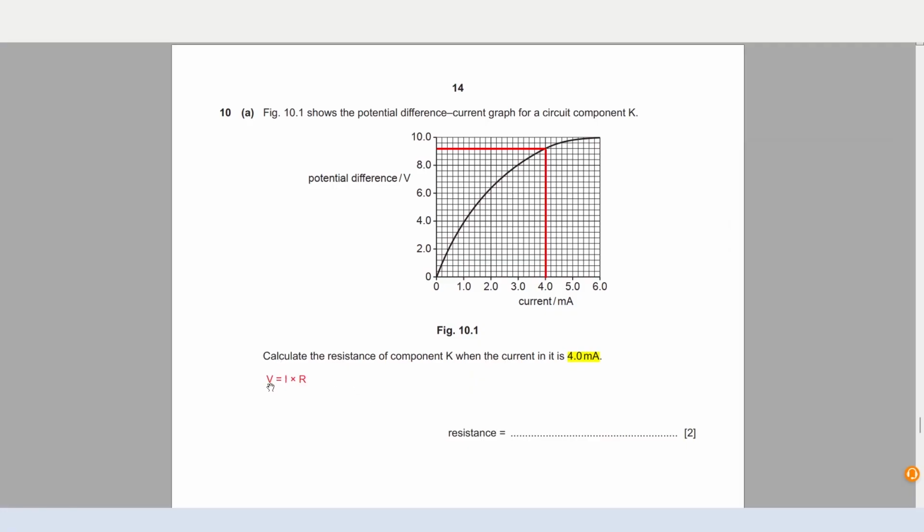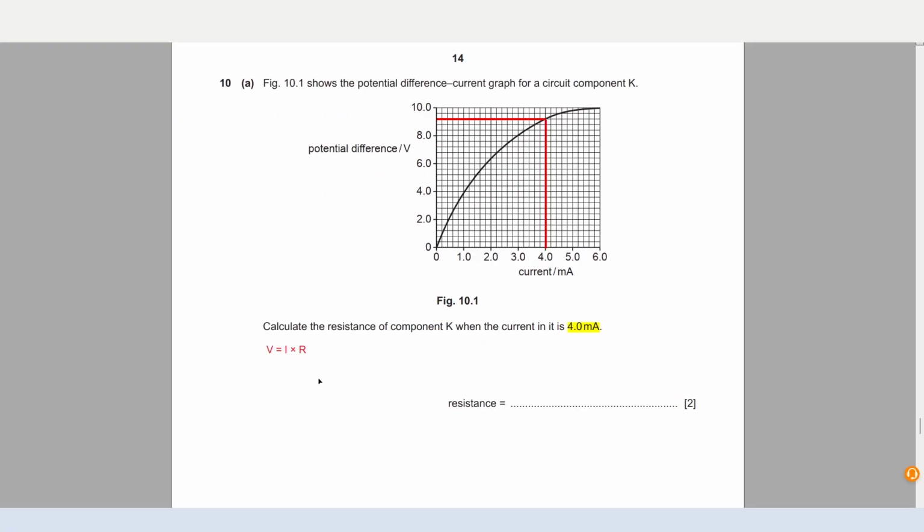So we can use our formula V equals IR. We know the potential difference and the current now. So rearranging the formula, we will get R equals V by I. The value of V is 9.2 and the value of current is 4.0 into 10 raised to the power minus 3, because you have to convert from milliampere to ampere.